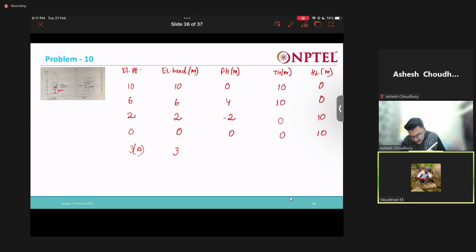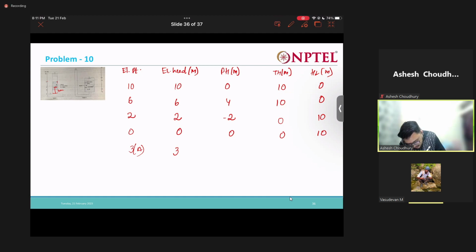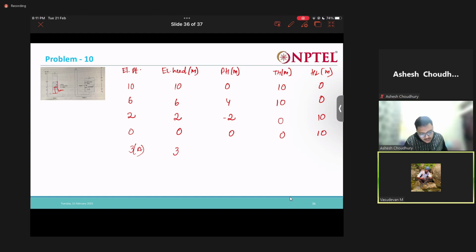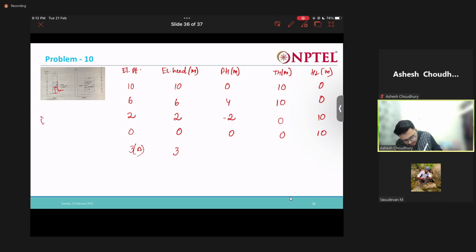Now in this length, this is 4 meter length, total head loss is 10. Right. What is my hydraulic gradient? 10 by 4. So from here to here my total head loss is 10. Let us find out from here to here what will be my head loss, which is nothing but i into this distance, which is 3.